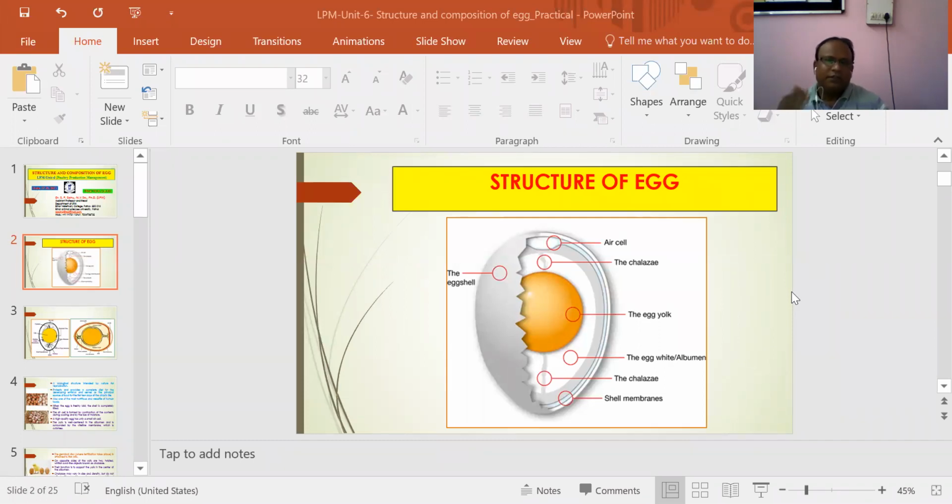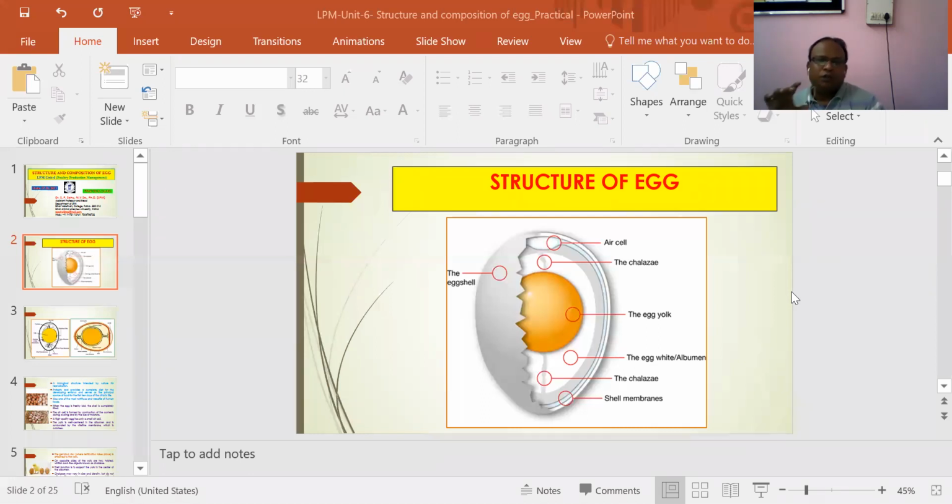One is table purpose, that is, for eating, food purpose. The second is hatching of eggs. Third, eggs are also used in cosmetics, in medicine, in vaccine production. There are so many uses of eggs, but mainly only two major uses.